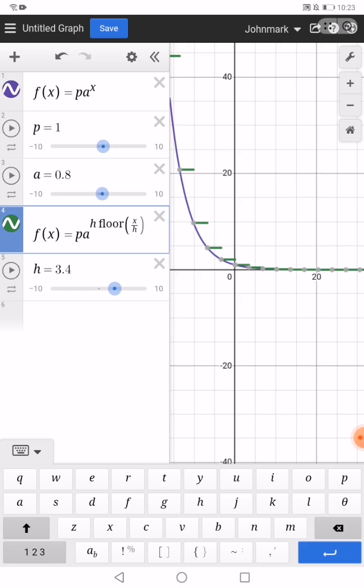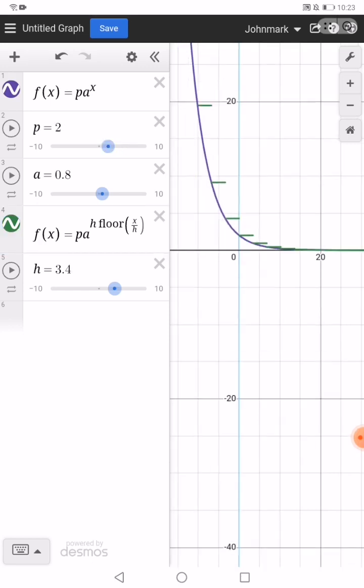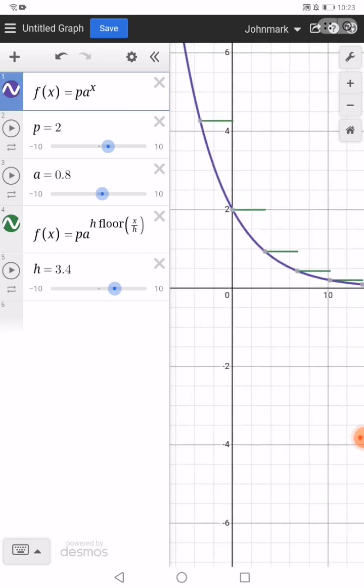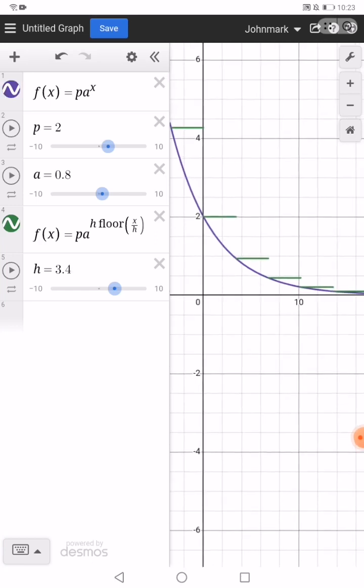If we have p equal to 2, you'll see that it starts at 2. If we check, we are at 2, and then the step function will decay every 3.4 units. If I decrease this step length to 1.2, it will decay every 1.2.